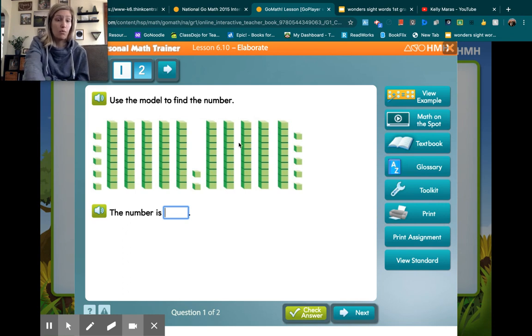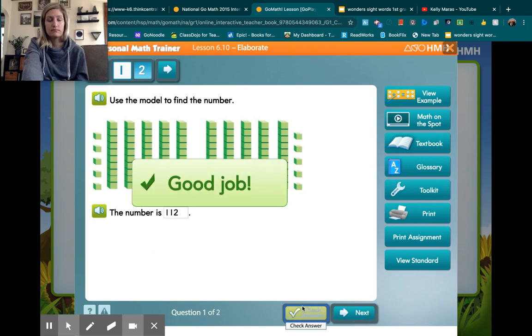Ready? 101, 102, 103, 104, 105, 106, 107, 108, 109, 110, 111, 112. So the way we write 112 is with a 1, a 1, and a 2. Good job!